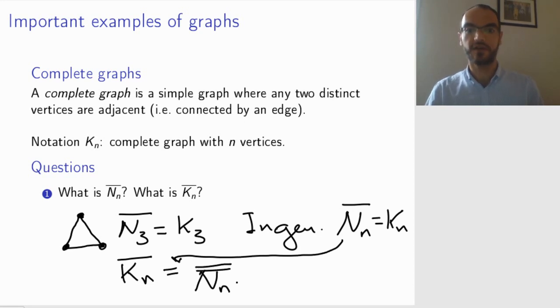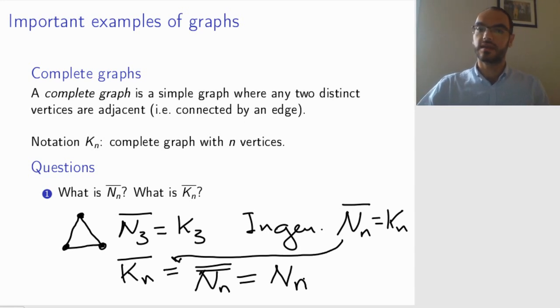But as we saw earlier, as you had an exercise to show, the complement of the complement of any graph is the graph itself. So it is N_n. Because to get the complement, you erase the edges that are there and add the edges that are not. And if you do that once more, you get back the edges that you had from the beginning.